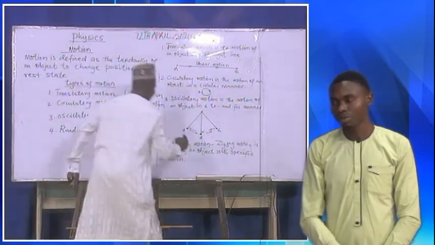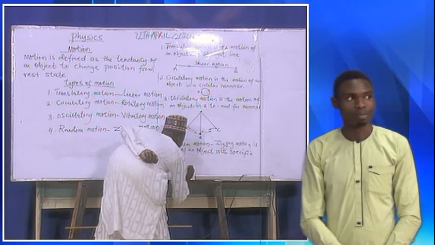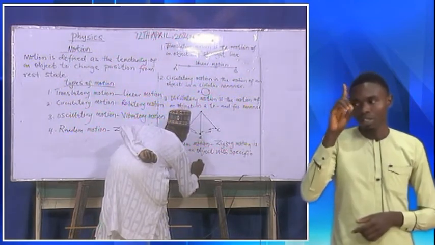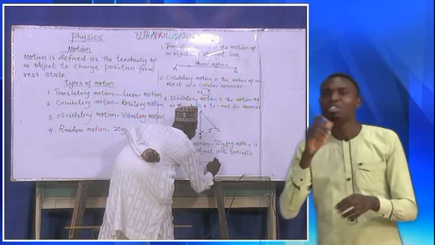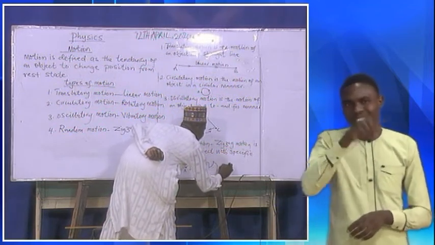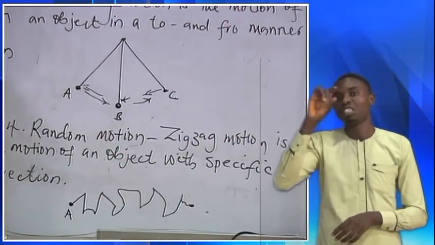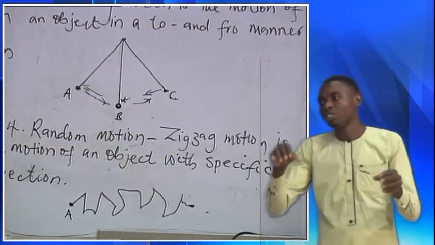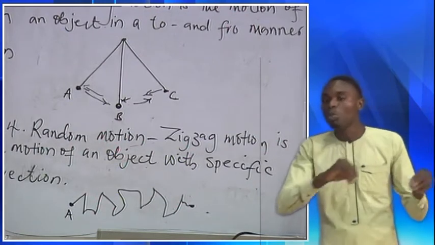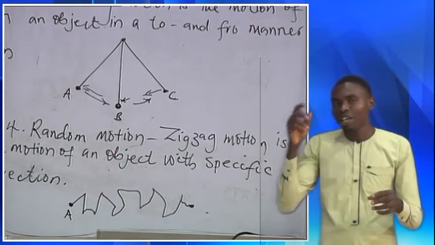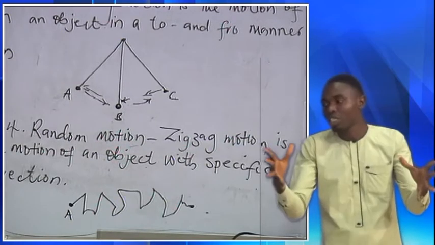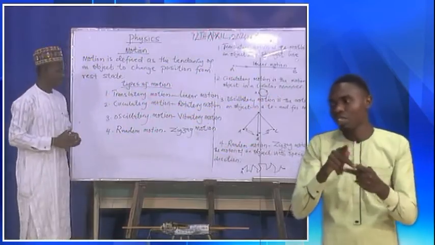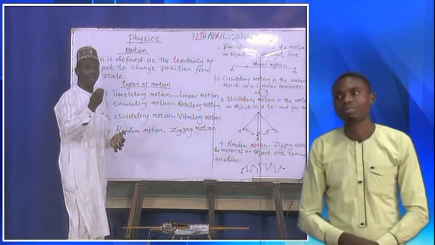So, a body starting from point A, going this way. This body is doing what is called random or zigzag motion. Zigzag motion can best be explained by a housefly.